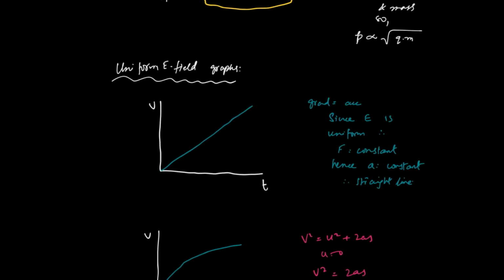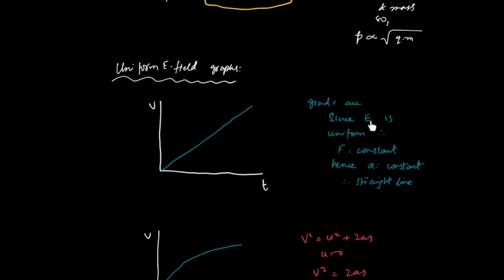So the next subtopic is uniform electric field graphs. The velocity time graph is a straight line that passes through the origin. Why? Because what does my velocity time graph gradient show? It shows my acceleration.